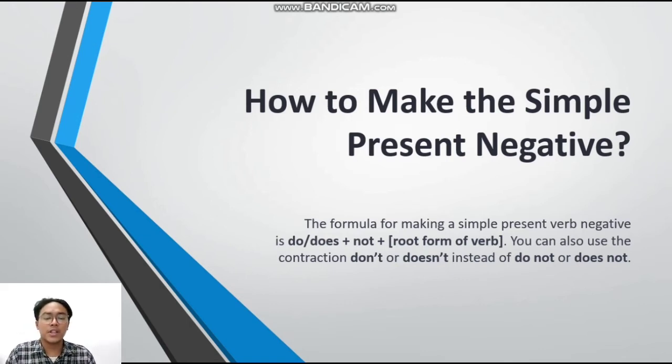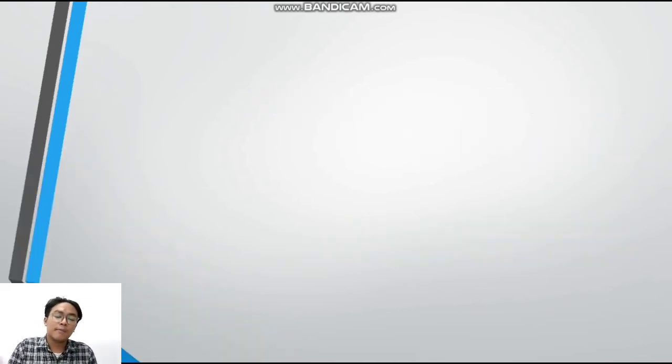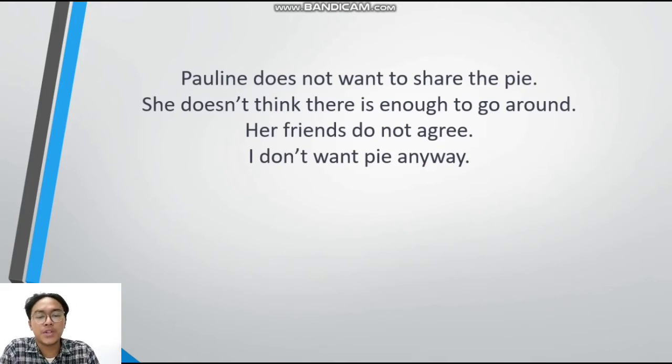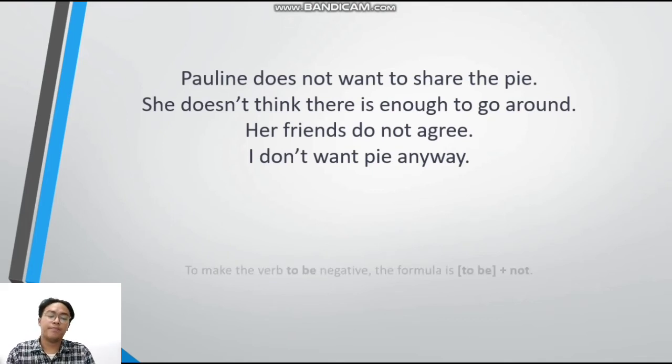You can also use the contraction don't or doesn't instead of do not or does not. For example, Pauline does not want to share the pie. She doesn't think there is enough to go around. Her friends do not agree, and I don't want pie anyway.